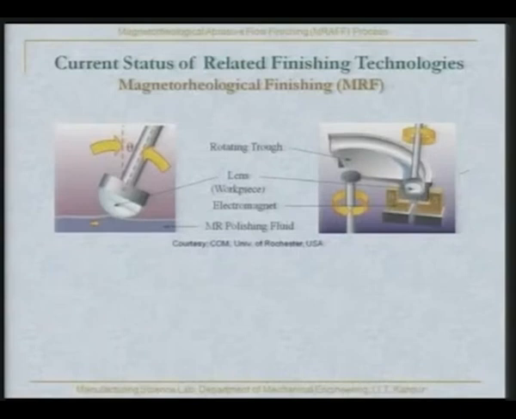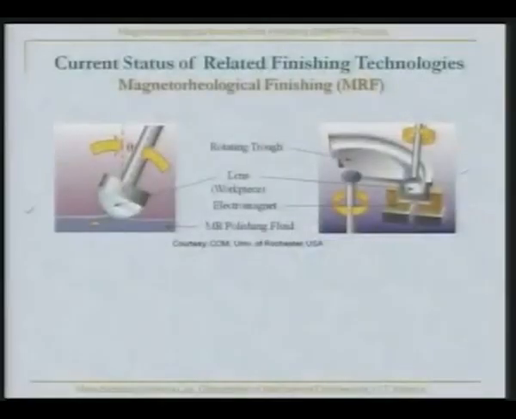Now, there is a circular channel in which you have an MR polishing fluid, which is shown here by the blue color, and you can see that this channel, in which the MR fluid is there, is continuously rotating, and here is the lens which can rotate at its own axis and it can be tilted on either side to cover the whole surface of the lens for finishing purposes.